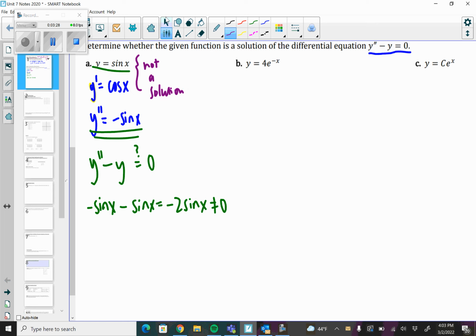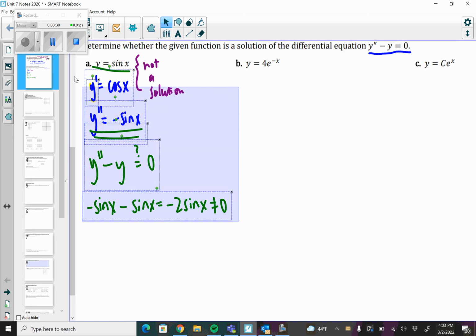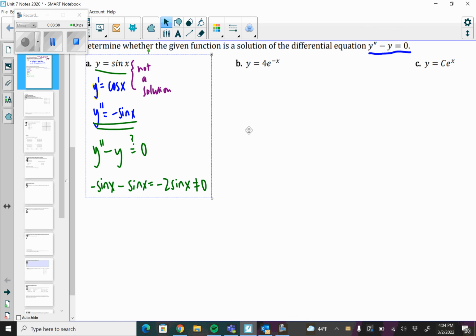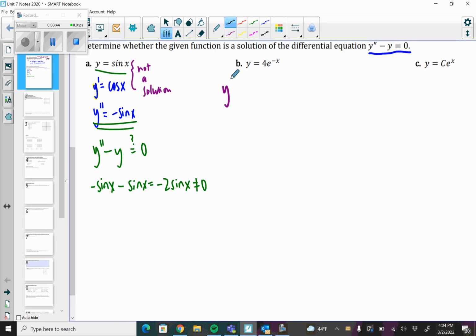Let's try another one. What about y is equal to 4e to the negative x? Again, we're checking the same differential equation, which means I know I need y double prime, and in order to find y double prime, I need the first derivative, so y prime. The derivative of 4e to the negative x would be negative 4e to the negative x, and the second derivative would be positive 4e to the negative x.